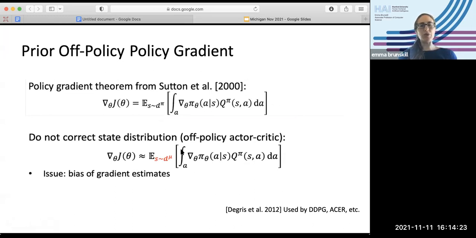There had been some prior work thinking about how you could do off policy actor critic and off policy gradient approaches, not necessarily for the fully offline case, but also as a way to improve data efficiency. But that work had ignored the bias of the gradient estimates.